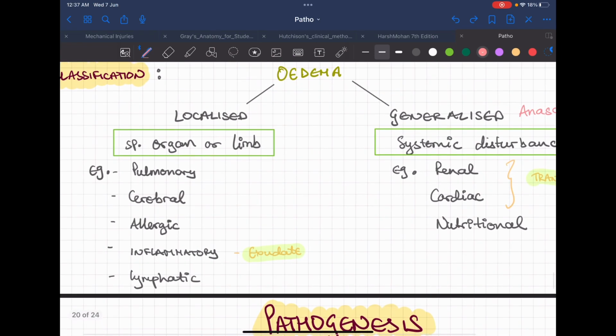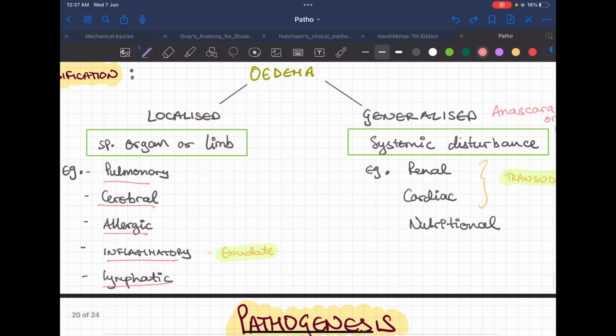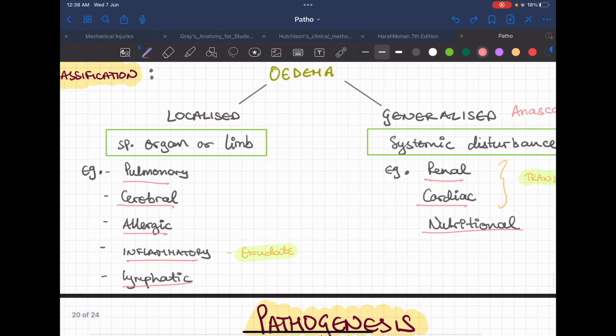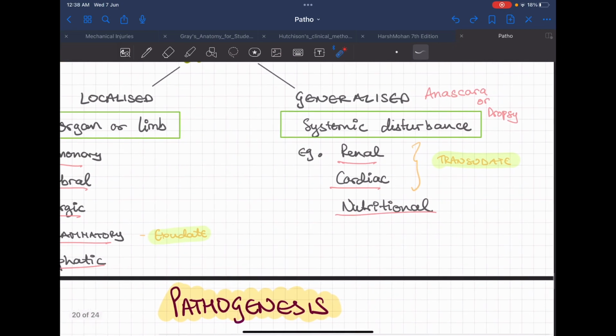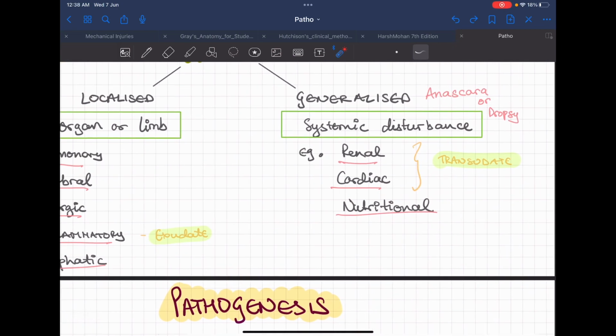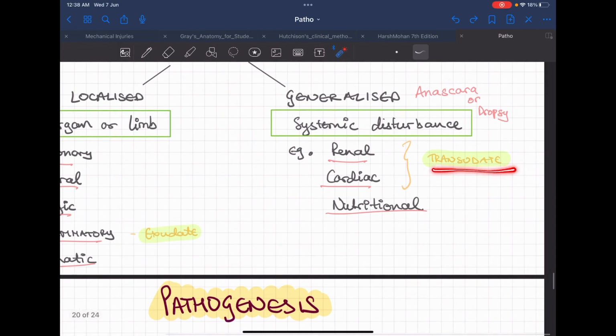So these are the different kinds of localized edemas, and these are the kinds of systemic edema. In inflammatory localized edema, the fluid that moves out and causes edema is exudate. And in generalized renal and cardiac edema, the fluid that causes edema is transudate.